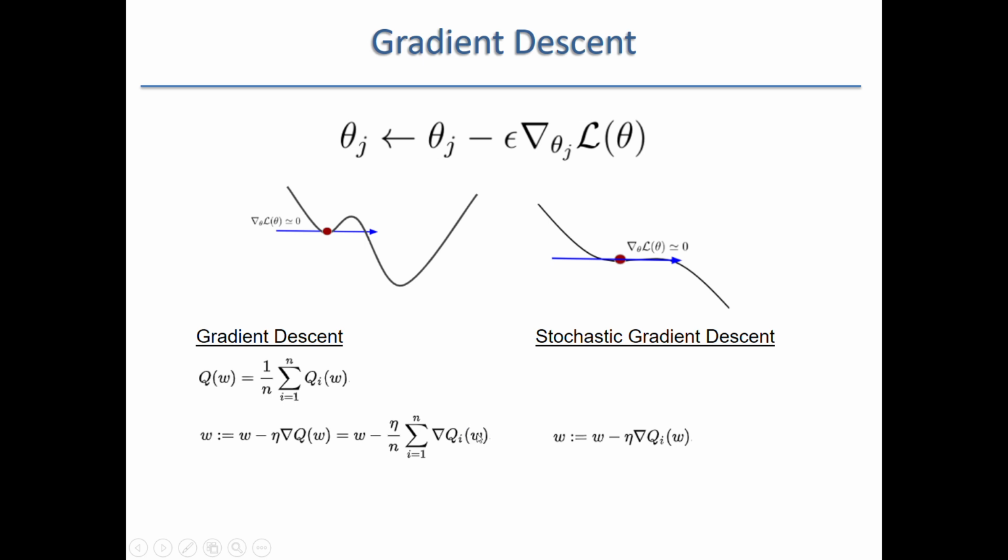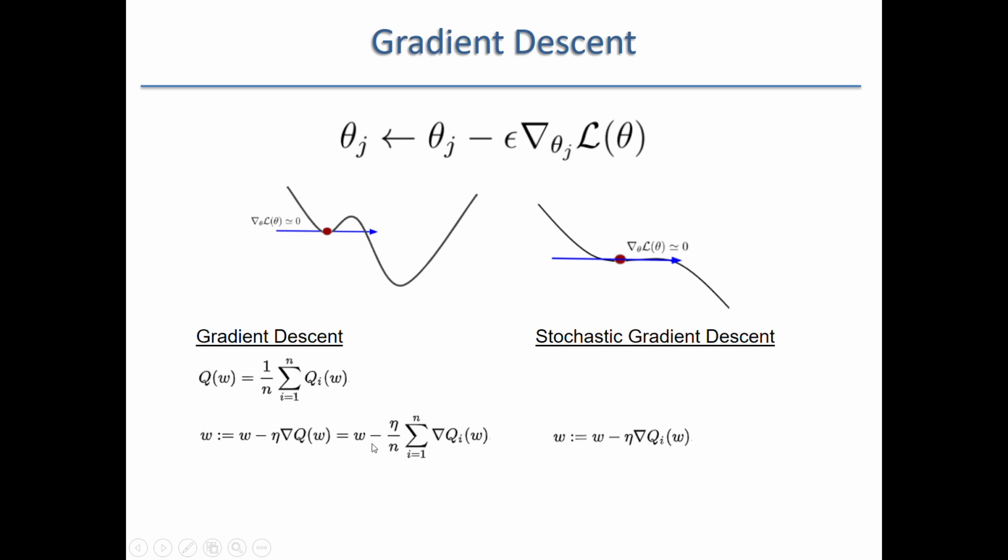We can do that using all pairs at the same time, or in the other extreme, we can do it after every pair. We present a pair, we update the weights. We present a pair, we update the weights. The first one updates using the average of the updates of all pairs at the same time.